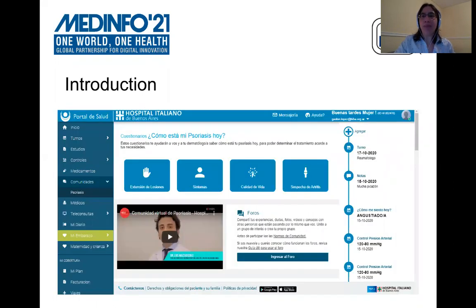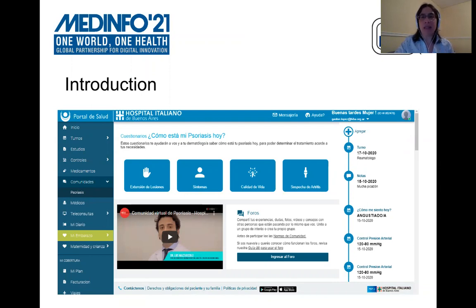Well, as you can see here, we have a picture of the community of psoriasis within our PHR. This community of patients with psoriasis was developed in 2019 within the PHR, considering the potential information needs of patients.